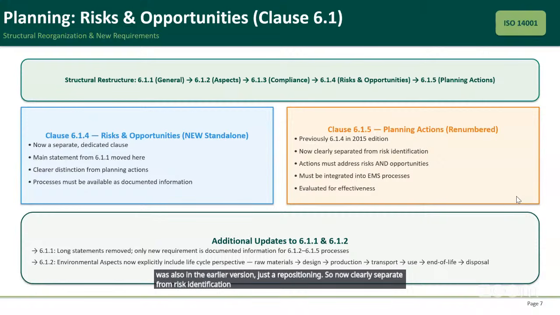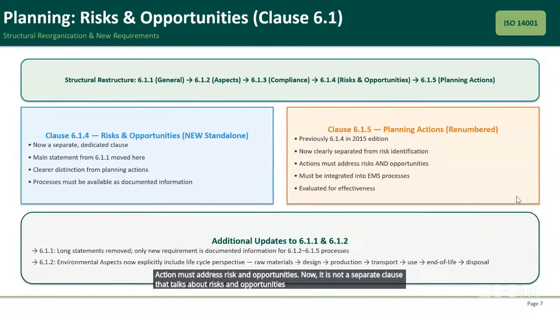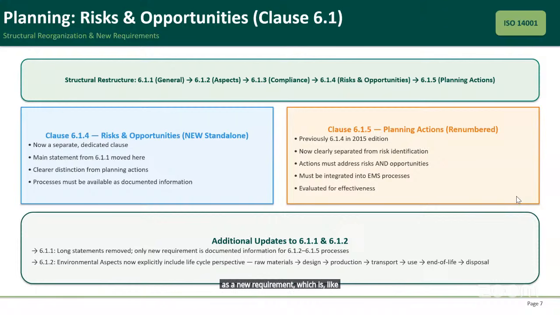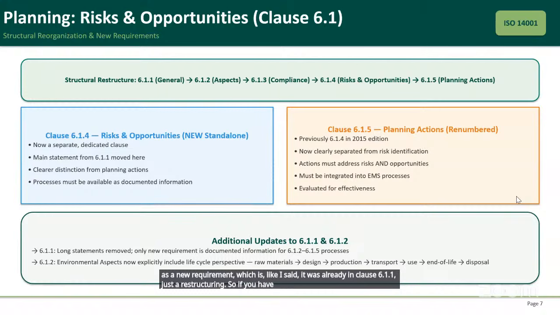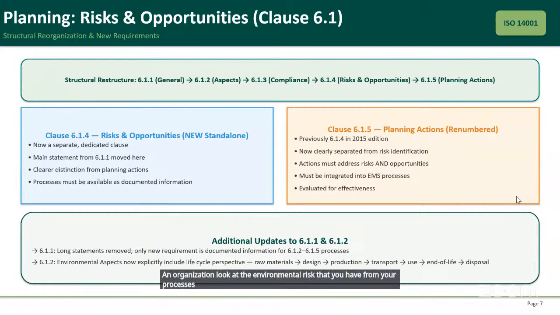Action must address risk and opportunities. Now it is a separate clause that talks about risk and opportunities as a new requirement, which, like I said, was already in clause 6.1.1, just a restructuring. So if you have not implemented this before, it's now putting it directly in your eyes that you must consider this as an organization. Look at the environmental risk from your processes, integrate it into your processes, and evaluate it for effectiveness.